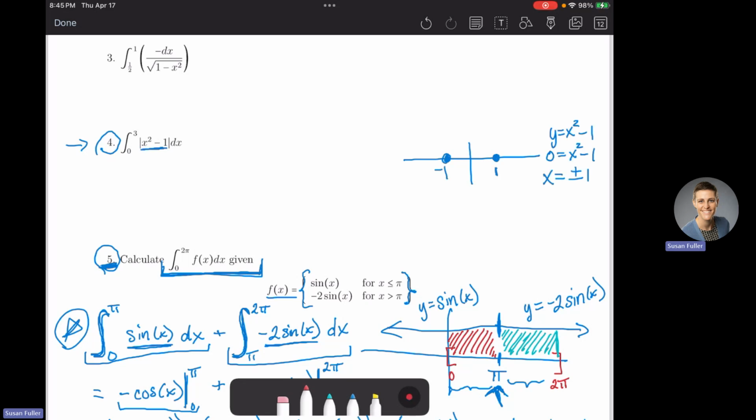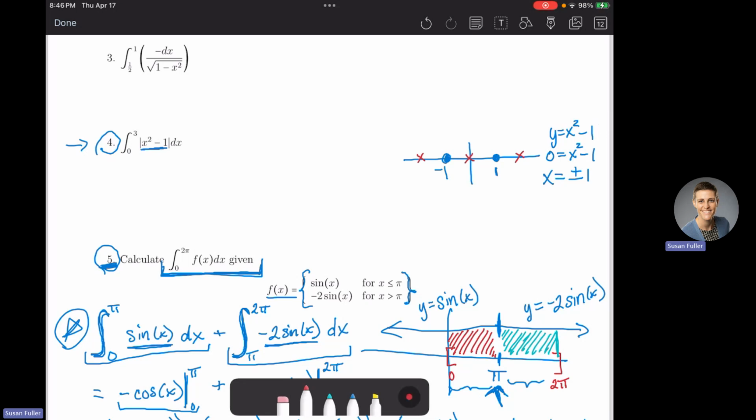And now we have to figure out where this function is above or below the x-axis. To do that, we're going to pick some x values between and around each of these x-intercepts, and plug them into my function to figure out if my y values are positive or negative. That's going to tell me if this function is above or below the x-axis there.